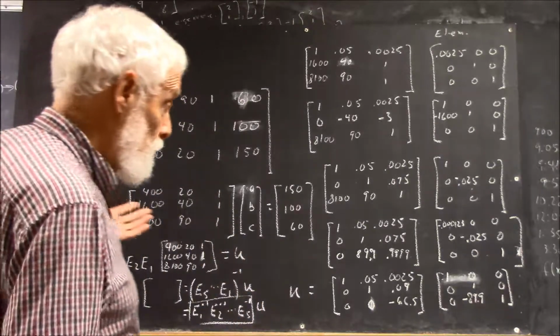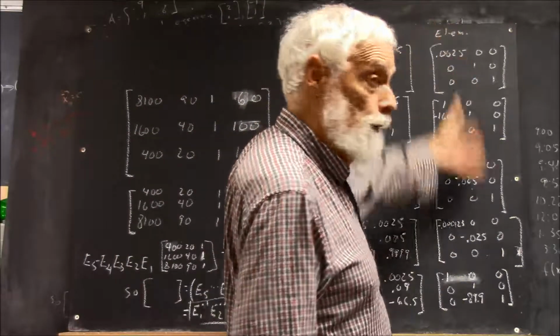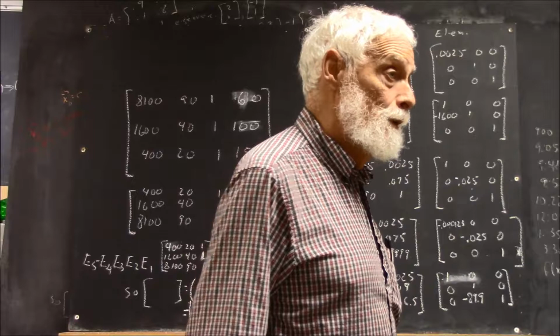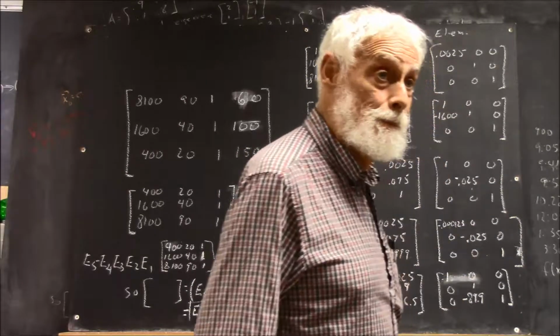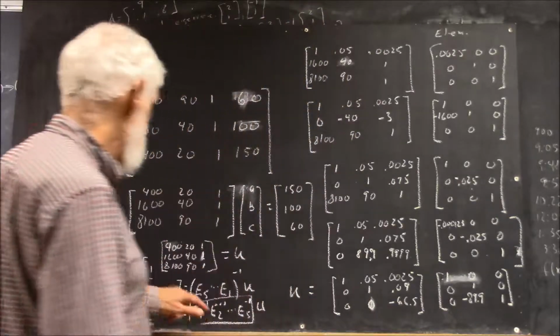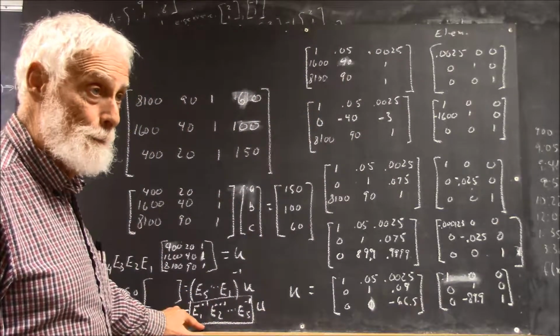Well, time's not going to permit us to write out all the inverse elementary matrices. But they're all very simple, and they're easy to multiply together. And that would give us this, okay?